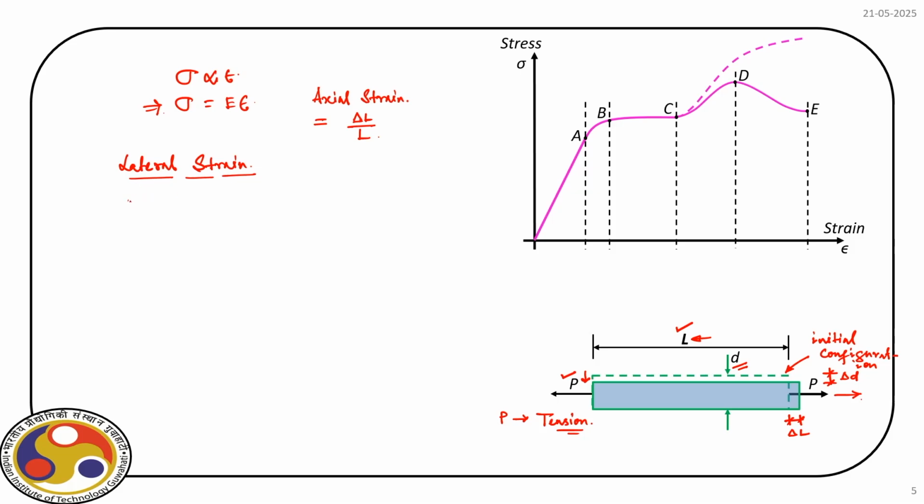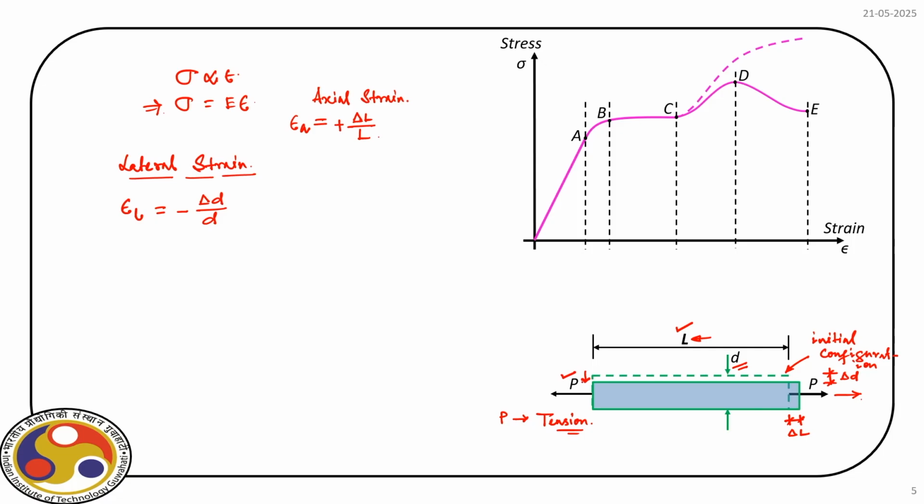This is equal to, so say this is epsilon axial, and then here it is lateral. So, this is delta D by the initial diameter. And obviously, axial strain as per our configuration is positive, and therefore, this lateral strain is negative.